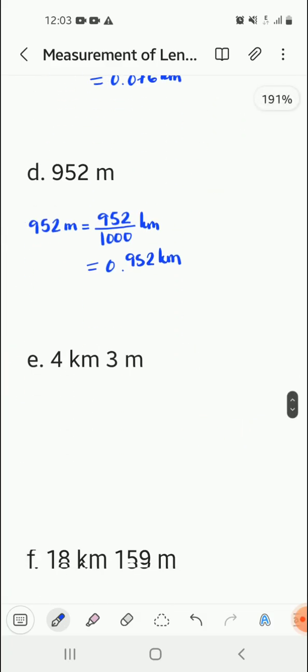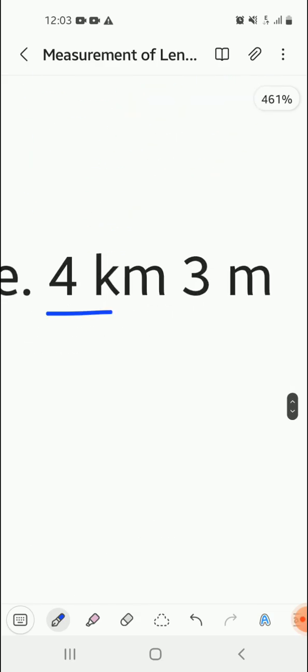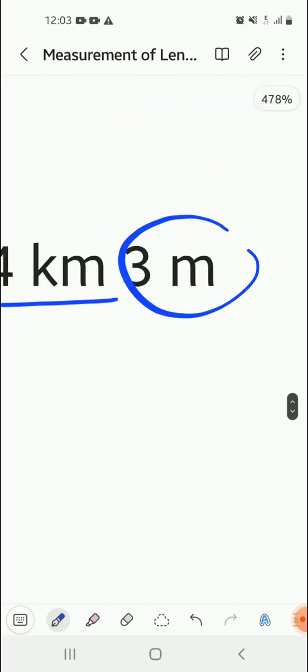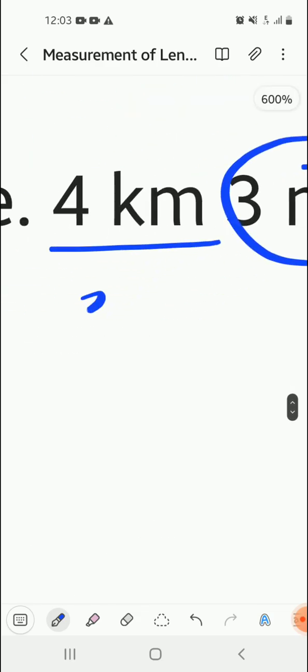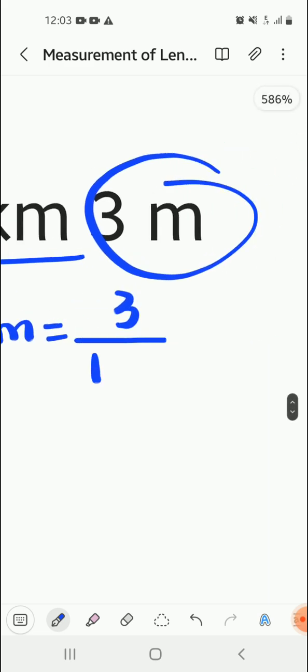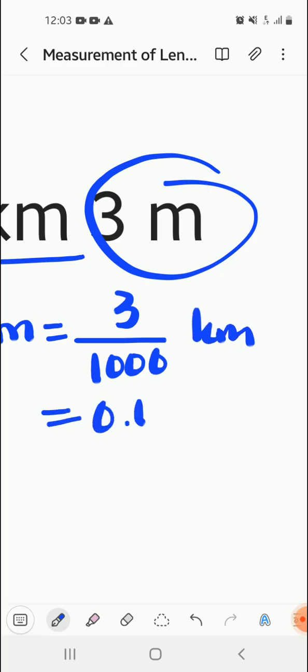Moving on to the next question, 4 kilometer, 3 meter. 4 kilometers already converted, only convert the 3 meter. So we know 3 meter is equal to 3 by 1000 kilometer, which is equal to 0.003 kilometer.